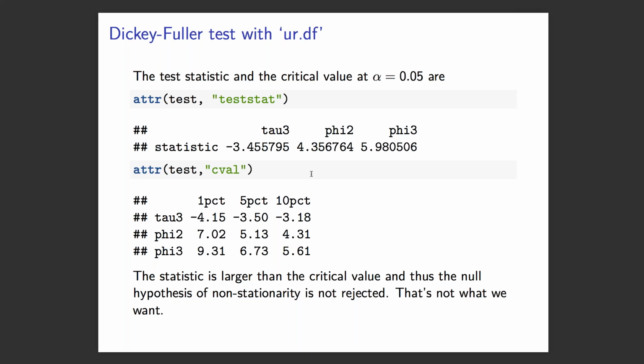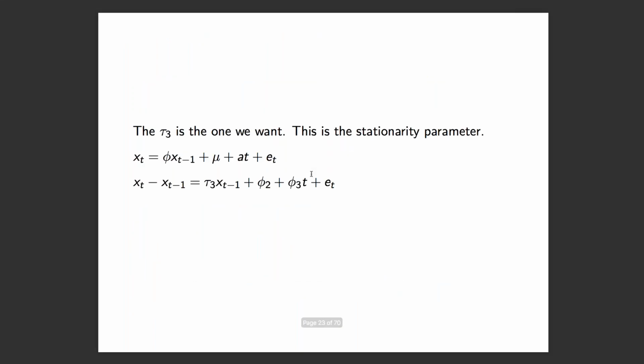This tau is the parameter that you want to see is it different than 0? And you need this test statistic to be less than your critical values. You're looking at the 5% critical value, and you can see negative 3.45, it's just above negative 3.5. And that's what we saw in that other test. We saw that it was like 0.07, just above 0.05.